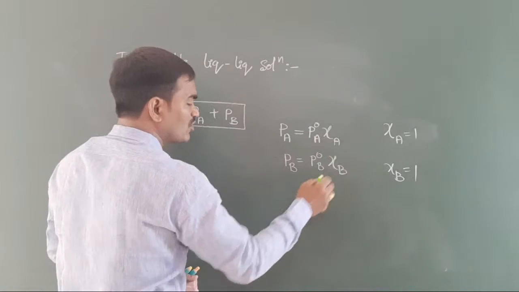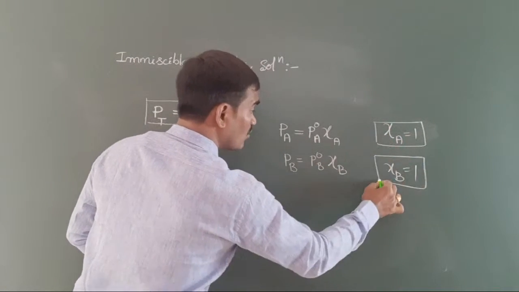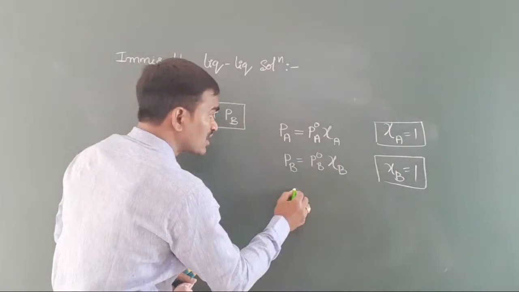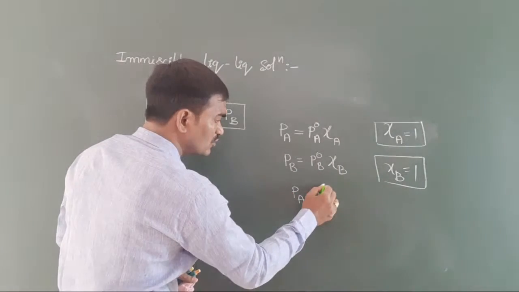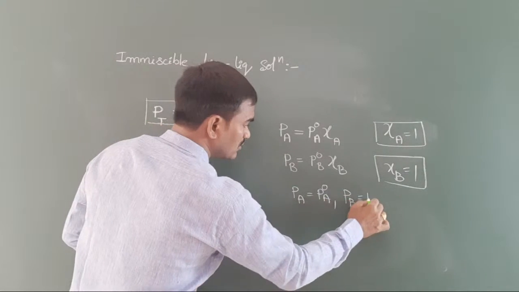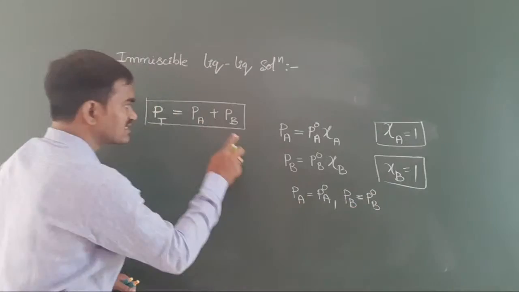Therefore, after substitution, you have to have clarity on this point. Why do we have to take chi A is equal to 1, chi B is equal to 1? Okay, so now here you see PA is equal to P naught A and PB is equal to P naught B. So these two you can substitute here.